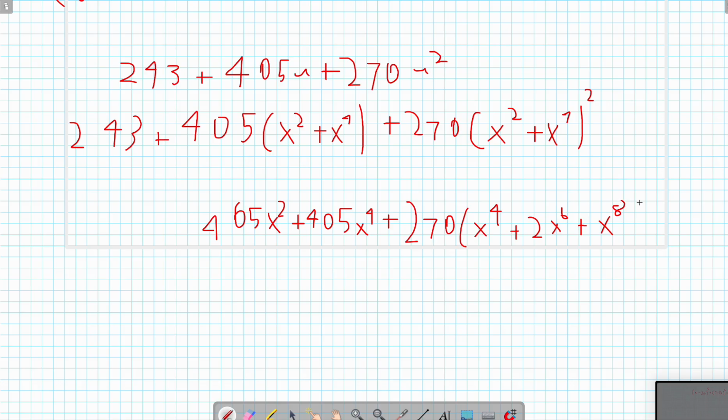Here they just want the coefficient of x to the 4, so let's ignore these. So 405x to the 4 plus 270x to the 4 is equal to, on the calculator, 675x to the 4.